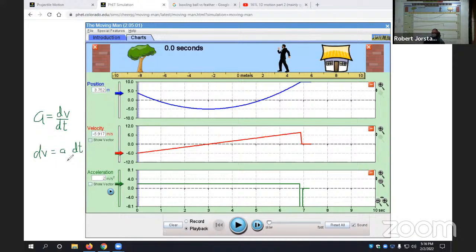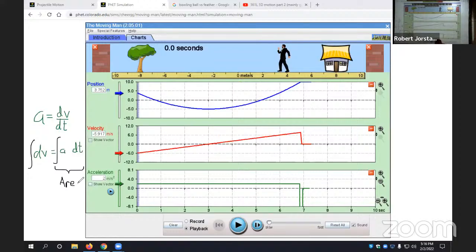Now, if I want to learn about the velocity, I could integrate both sides. When I integrate both sides, remind me, on a graph, what is the integral of A dt? What is an integral on a graph? Is it a slope? Area, nice, nice. It's the area.